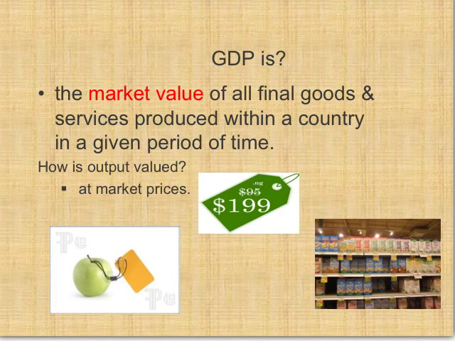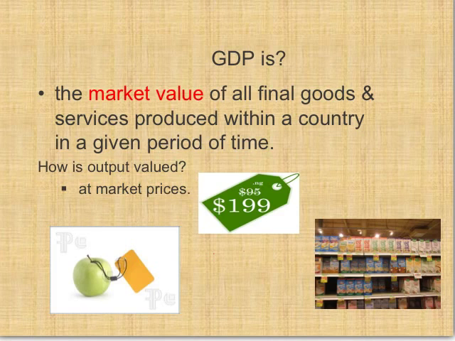GDP adds together many different kinds of products into a single measure of the value of economic activity. To do this, it uses market prices, using the local units, for example the Australian dollar in Australia, rather than adding apples to oranges.